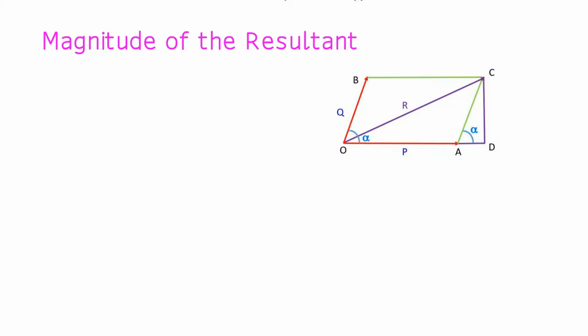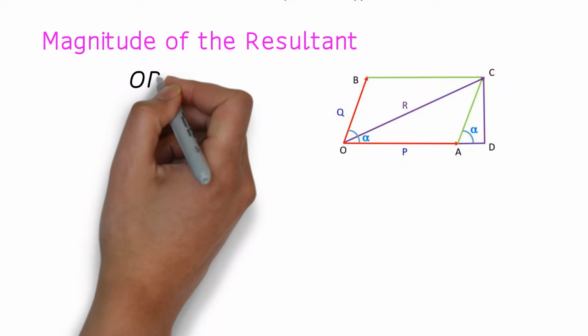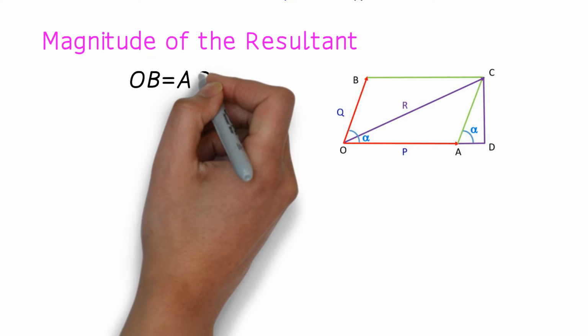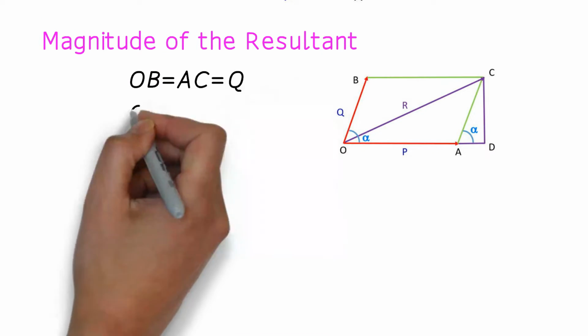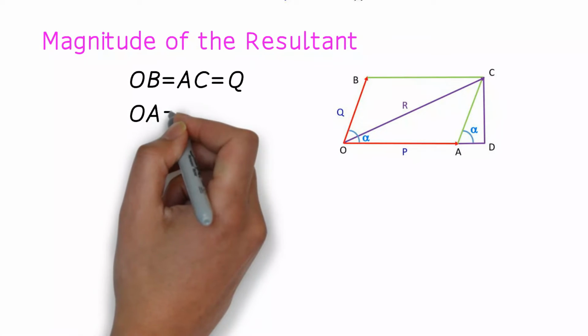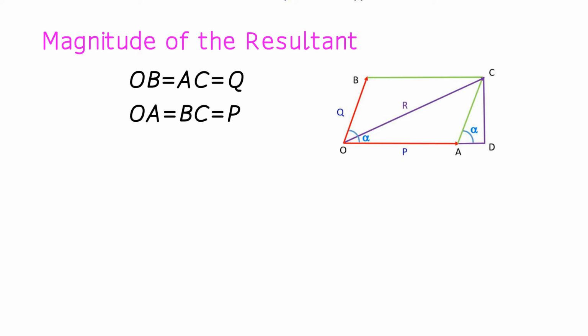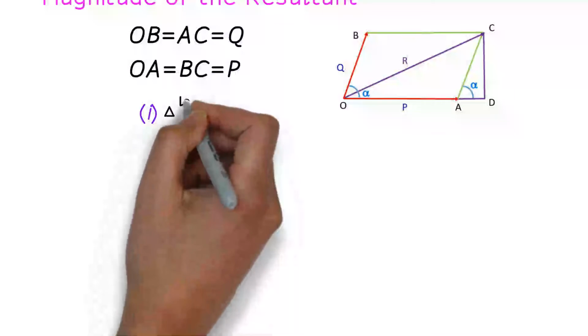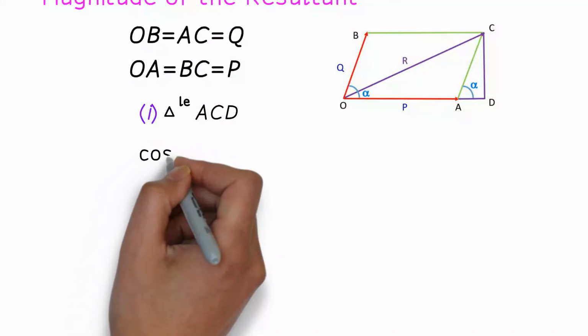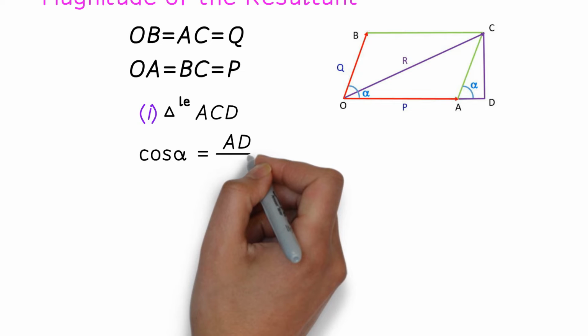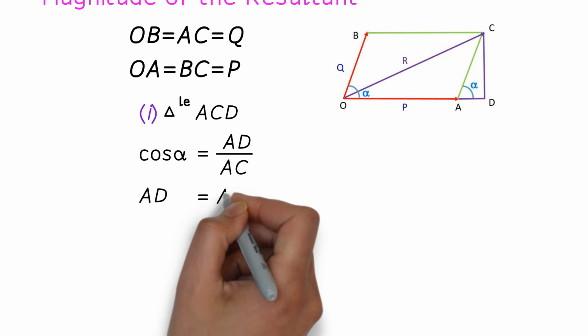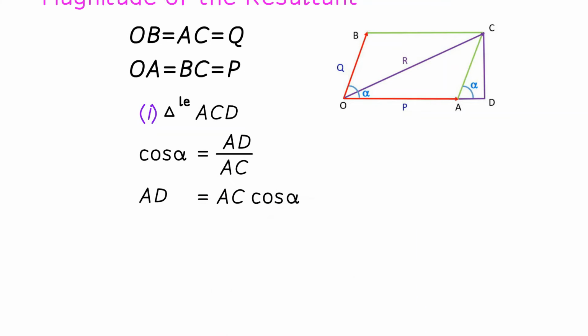From the figure, we can observe that OB equals AC equals Q, and OA equals BC equals P. Consider triangle ACD. From that ACD, we can write cos alpha as AD by AC, meaning adjacent side by hypotenuse.